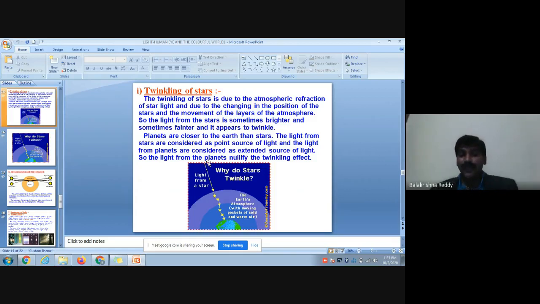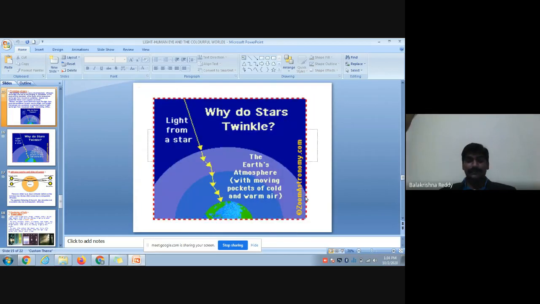But in the case of planets, which are very near to us, we simply say that they are not twinkling, because they appear as extended objects which are very near to us, whereas stars are at a longer distance and appear as point-size objects. That's why stars appear to twinkle.